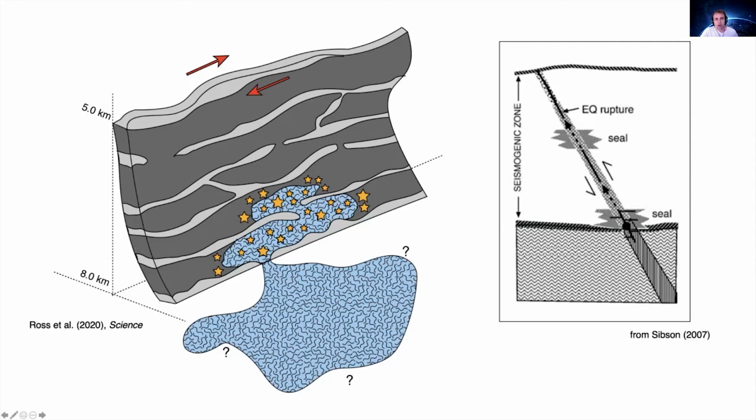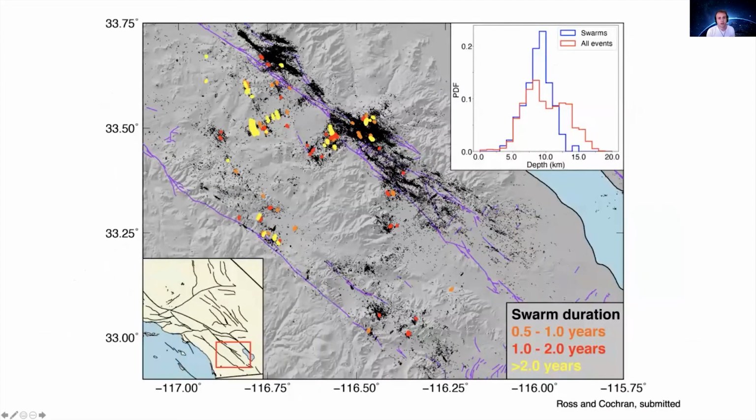And so the last thing here is kind of just a bit of a teaser, and it basically is that this is not unique to this area. It turns out that we've identified on the order of about 100 other sequences just like this over the last 12 years now that have lasted at least 6 months or more in duration.